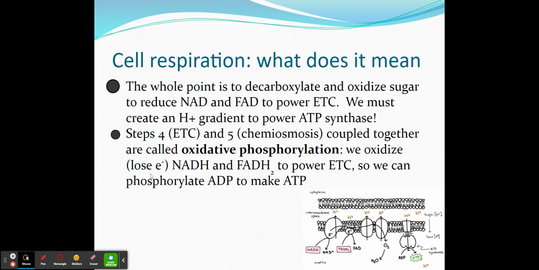Remember, LEO, losing electrons is oxidizing. That powers the ETC. Phosphorylation is step 5, where the ATP synthase is powered by the H plus rush. As the H plus rushes out, the ATP synthase puts the ADPs together with the phosphates to make ATPs.